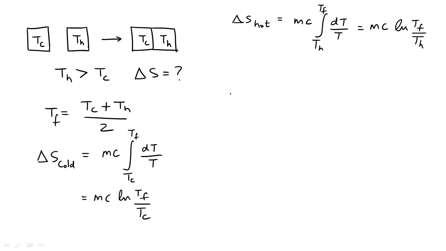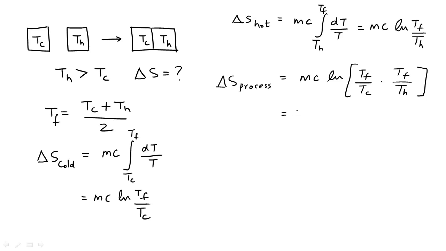The net change in entropy of this process is the sum of the change in entropy of the cold object and the hot object. So delta S process is the sum of these two, that is mc ln of Tf by Tc multiplied by Tf by Th.